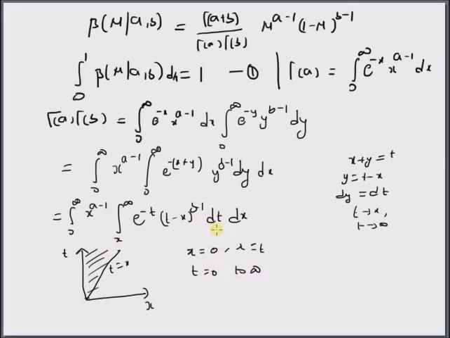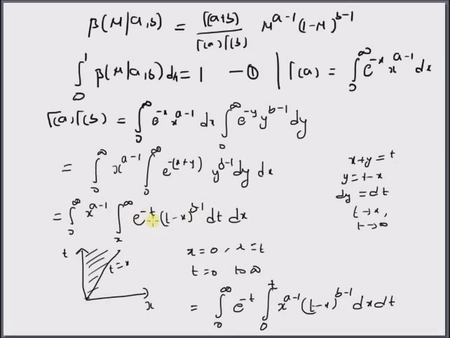So the integral becomes the integral from 0 to infinity of e power minus t, integral over x from 0 to t, of x power a minus 1, (t minus x) power b minus 1 dx dt.